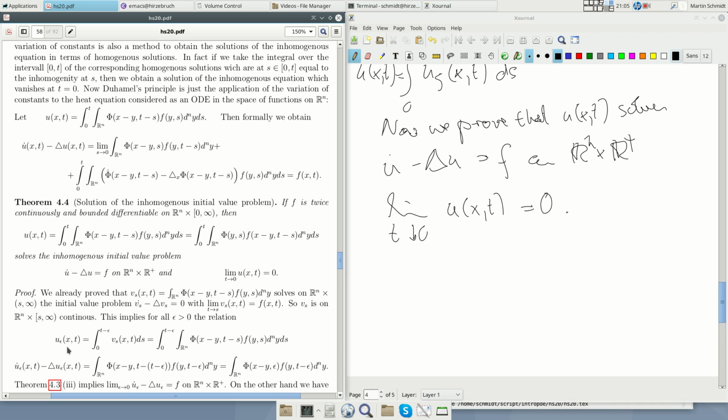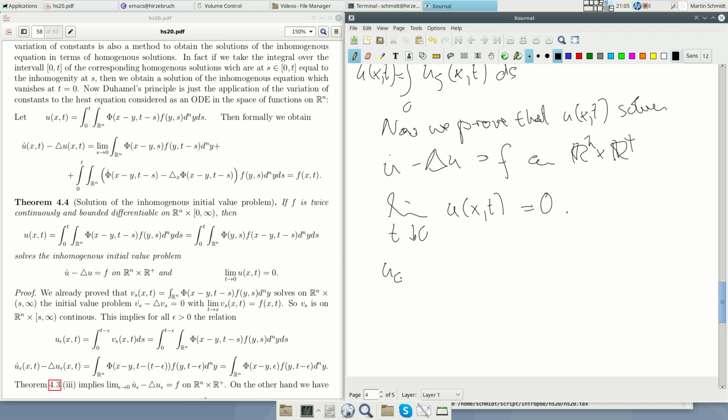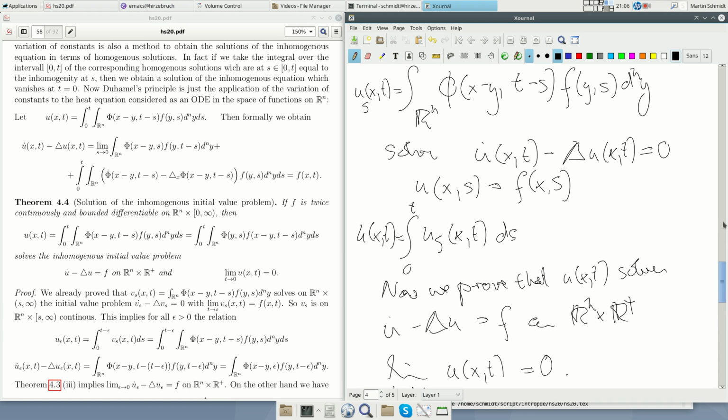If we calculate, now very important, u epsilon of x,t is equal to the integral from 0 to t minus epsilon of Vs of x,t ds. So this is the integral from 0 to t minus epsilon, integral over Rn. Maybe I should call this also Vs here.